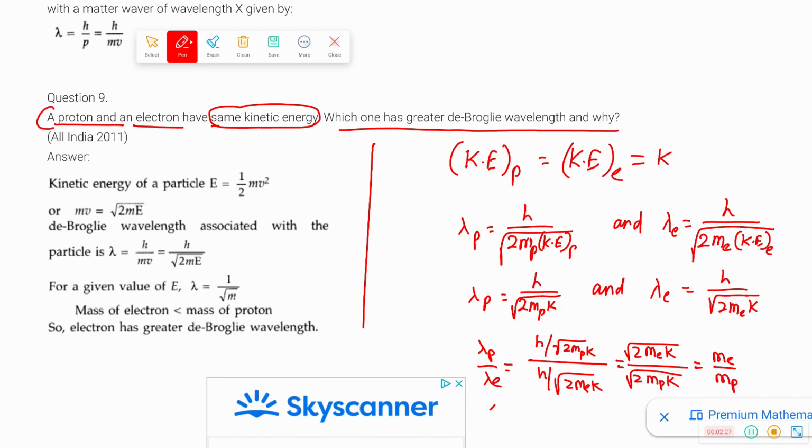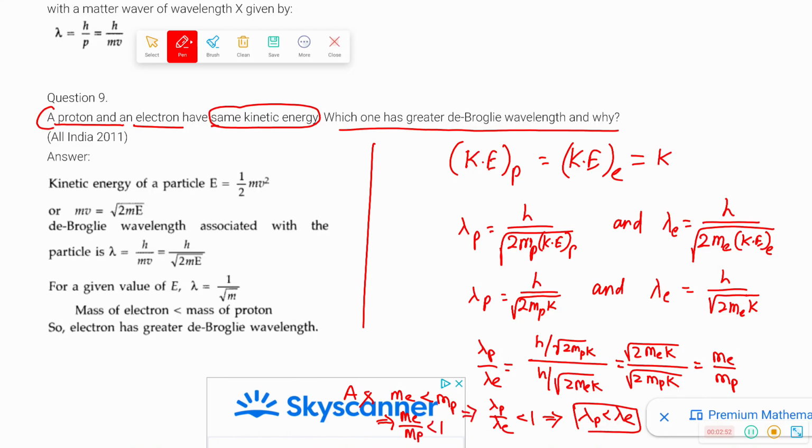Okay. So what did you understand? So lambda p by lambda e is also less than 1, and this implies lambda proton is less than lambda electron. Okay. So what happened here? You understood that mass of electron is less than mass of proton, and this implies m_e by m_p is less than 1.